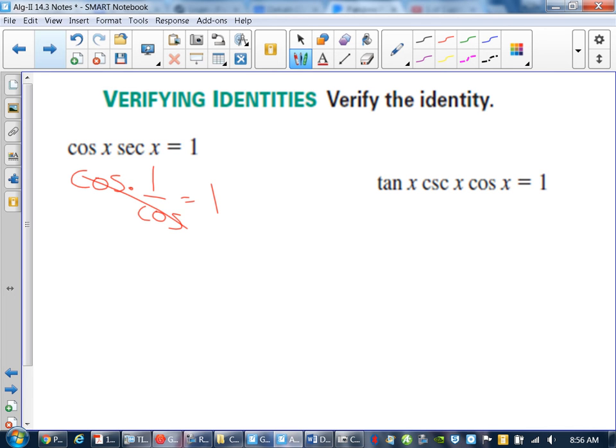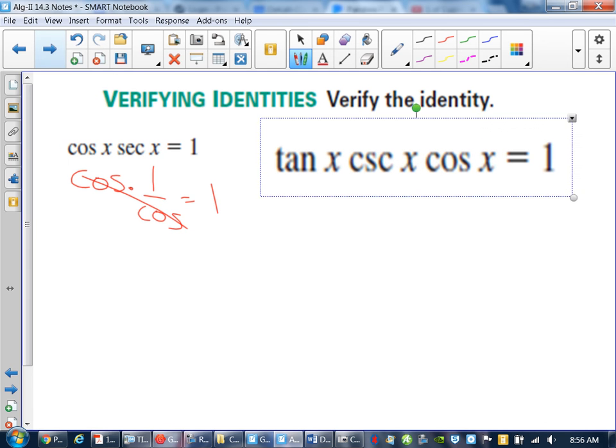Next one. Tangent, cosecant, cosine. This is a great example of how you are given multiple representations of the regular trig identities and reciprocals. Whenever I see that with regular trig identities and reciprocal trig identities and tangents, especially with multiplication, I always want to try and rewrite everything that I can in terms of sines and cosines.